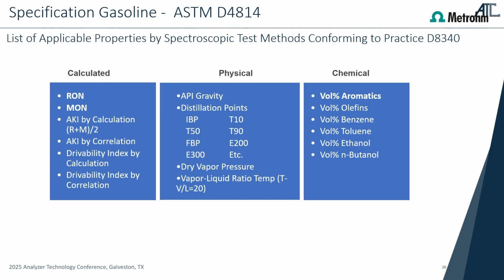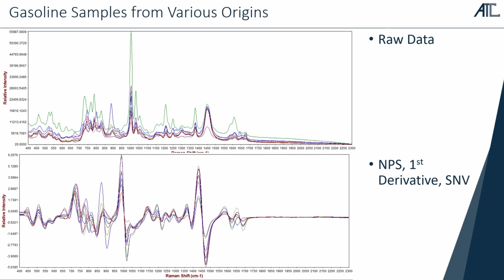Then, as I mentioned, there are ASTMs that give you a long list of calculated physical and chemical parameters that are allowed to be analyzed using spectroscopy. And what we did, we collected spectra of various origins. So this is not only one gasoline sample measured 10 times, or 15 times.